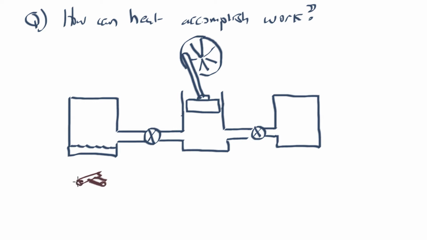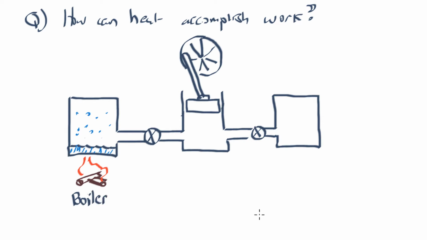This could be coal or some other means of generating fire. So I'll draw a little fire right here. Okay, that is able to heat up the water that is in this chamber. And when that is heated up, it produces steam. This chamber over here we'll refer to as the boiler.